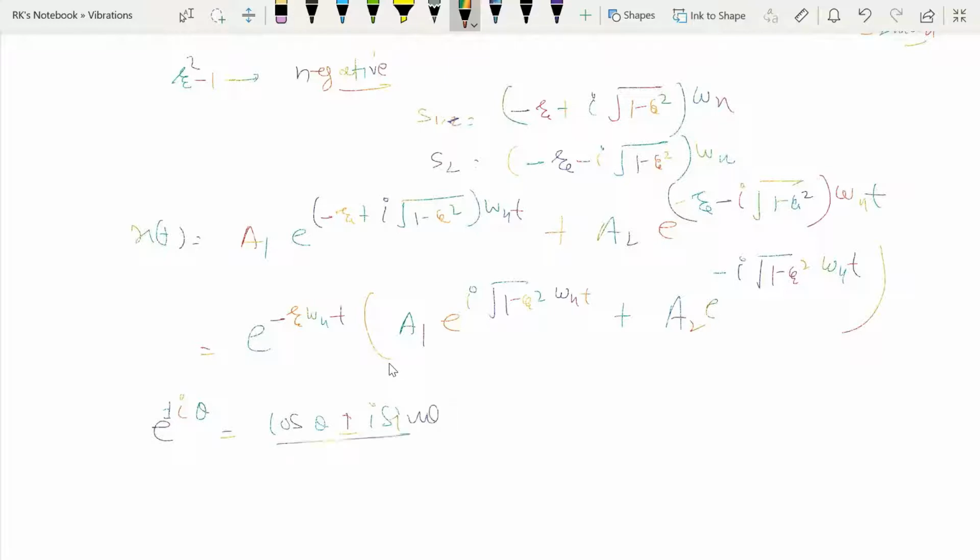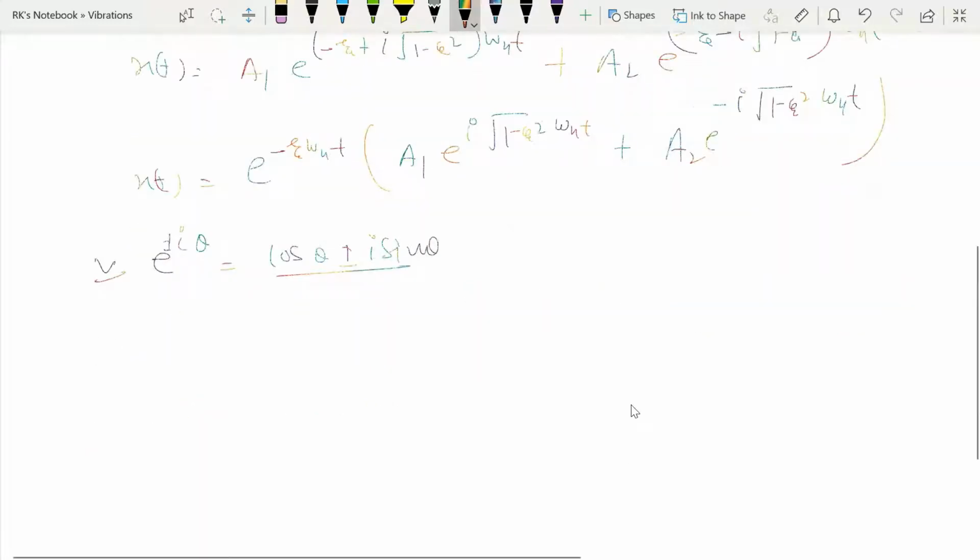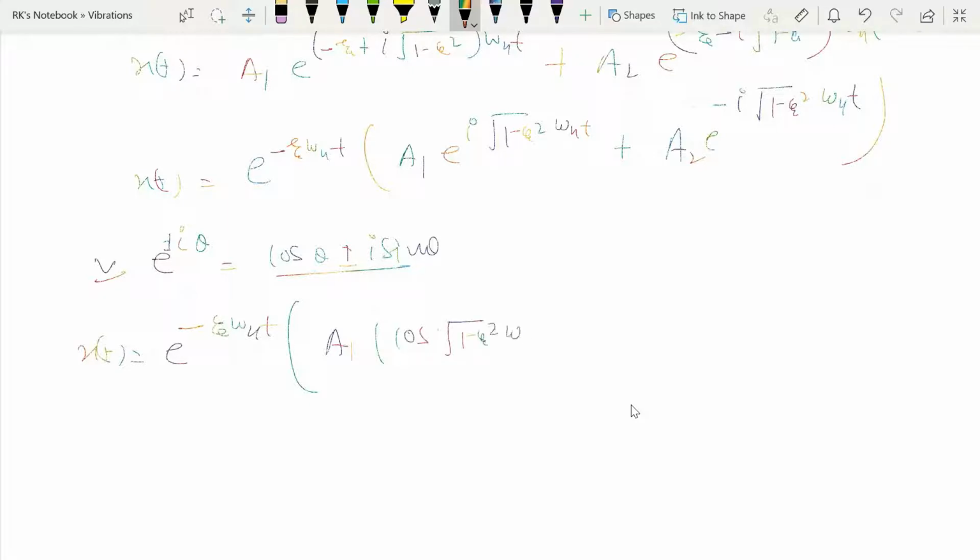If we use this relationship in this equation, then x(t) equals e raised to power minus zeta omega n t times A1 at this place we write cos square root of 1 minus zeta square omega n t plus iota sine square root of 1 minus zeta square omega n t, right?